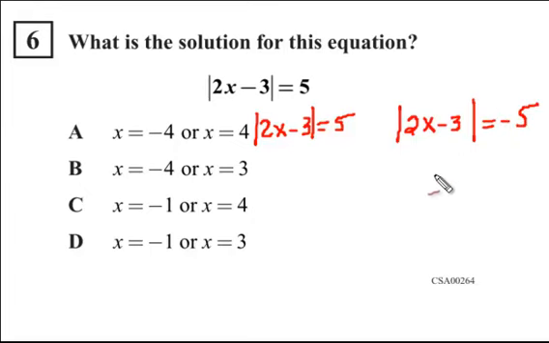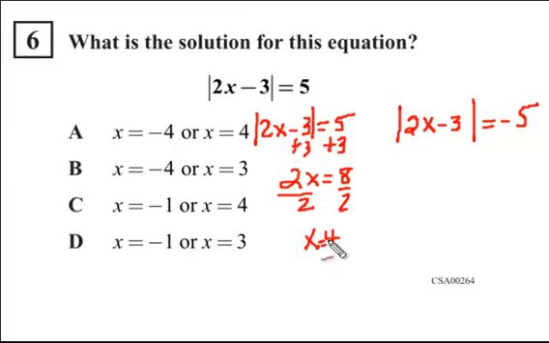Now let's solve each equation for x. I'm going to add 3 to each side, leaving us with 2x equals 8. Divide each side by 2, and x is equal to 4. Here's one of our solutions. Now with the next equation, let's add 3 to each side.